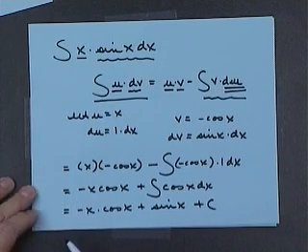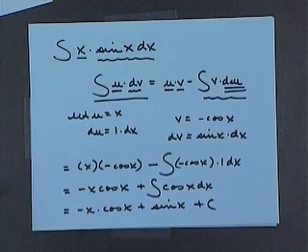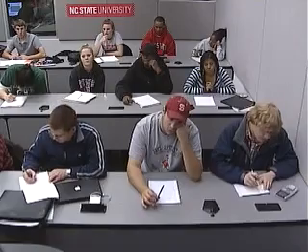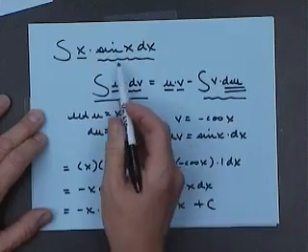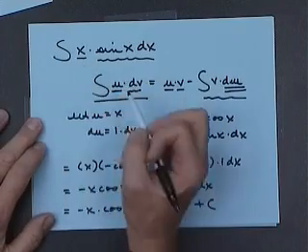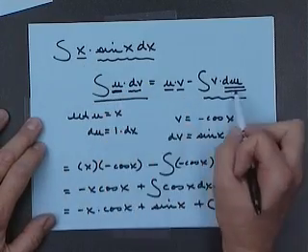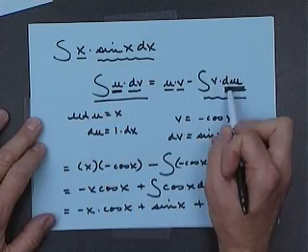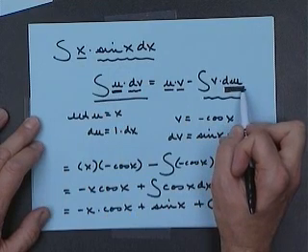How do you know which one to let u equal and what to let v be? Would it matter if you switched it? Yes. In fact, if we let u equal sine of x, let's think through that a second. So we're going to let u equal sine of x. The next time we visit that, it's going to be du. What's the derivative of sine?